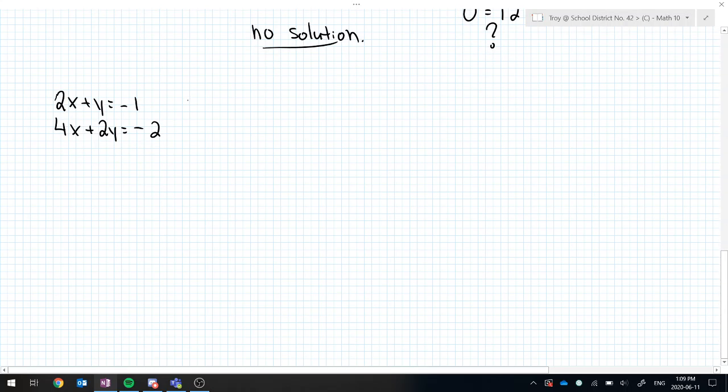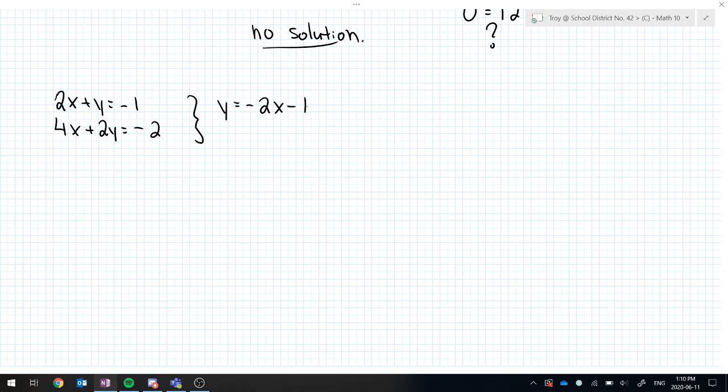So again, we're going to bring both of these into y equals mx plus b form. So the first one, I just have to subtract 2x from the left side. I'll get y equals negative 2x minus 1. So that graph is going to have a y-intercept at negative 1, and it's going to have a slope of negative 2.